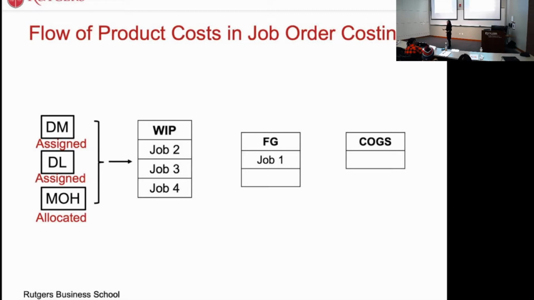So the reason, actually the two words have the same meaning, but in this context, assign means this assignment of direct costs. As we mentioned, the direct costs are easily traceable to the products, right? So we use the word assign.